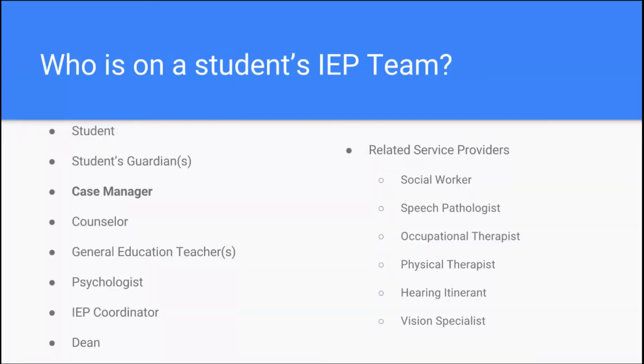A student's team consists of several required members, including the student, guardian or guardians, case manager, counselor, and general education teacher or teachers, psychologist, IEP coordinator, dean, and related service providers, including but not limited to social worker, speech-language pathologist, occupational therapist, physical therapist, hearing itinerant, and vision specialist.